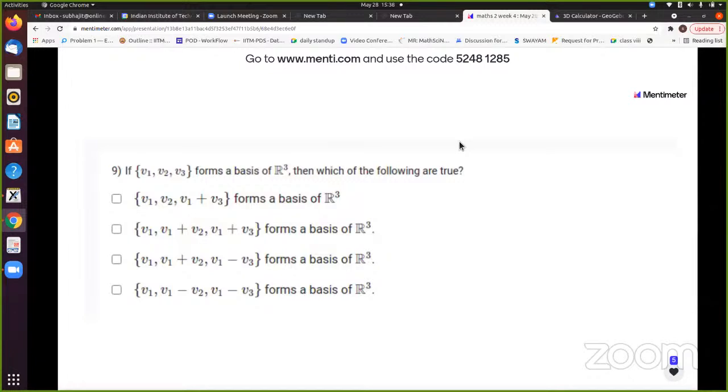So should I go forward? Should we solve it in a poll or something like that?